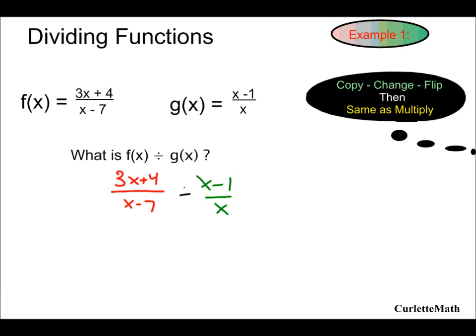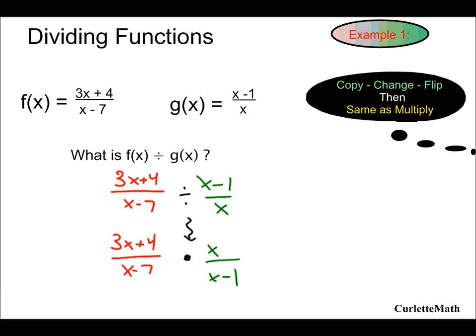Our operation between the two is division. Remember again, it says copy, change, flip. So we'll copy our first fraction. All right, so that would be f of x that we copy. We change from division to multiplication. When we change that, that means we have to flip our second fraction. So it'll be x over x minus 1.